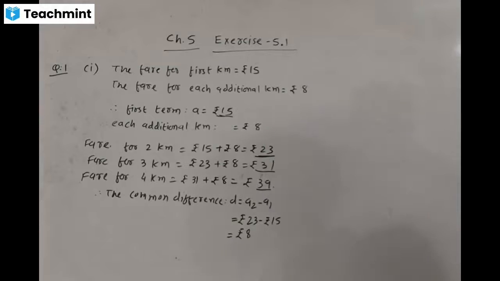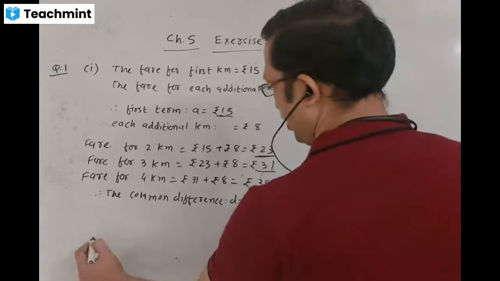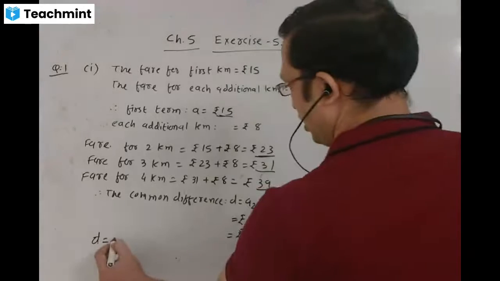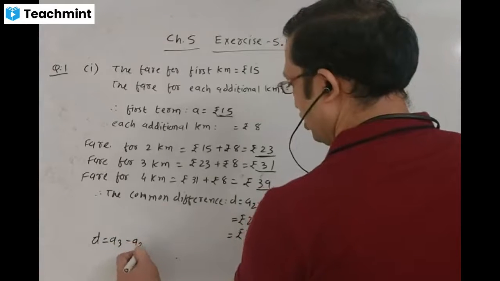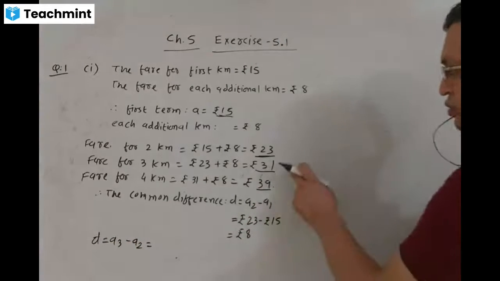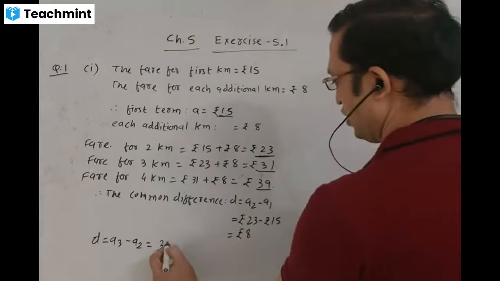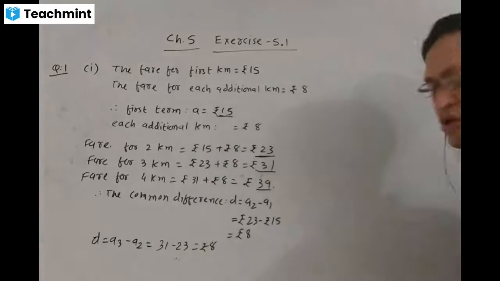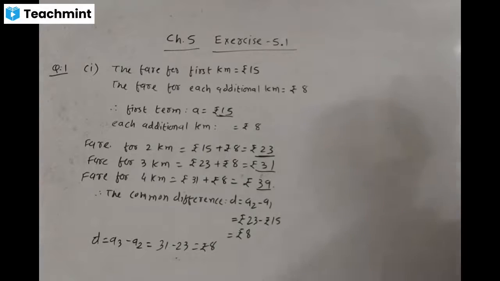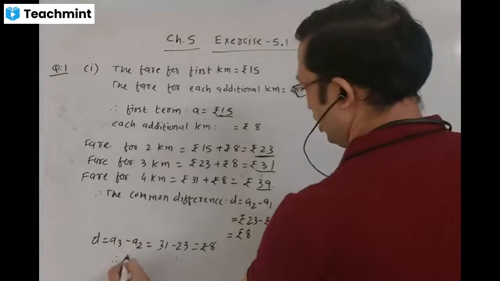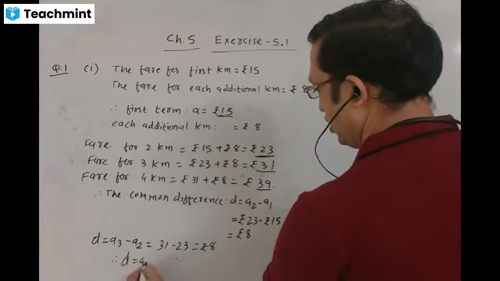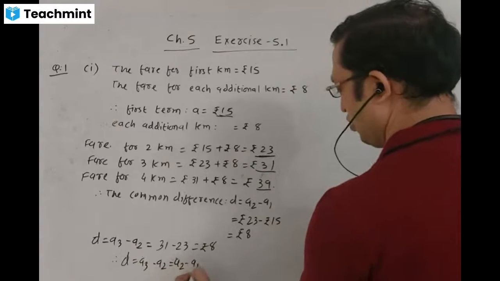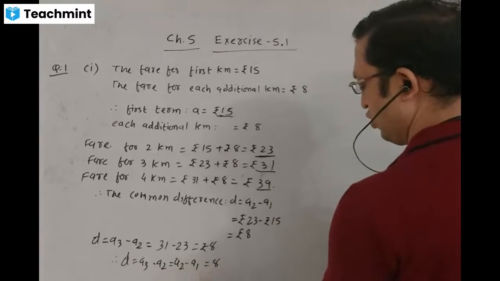And similarly D is equal to A3 minus A2, third term minus second term, 66 minus 58, that is equal to rupees 8. So here the common difference is 8. Therefore, D is equal to A3 minus A2 is equal to A2 minus A1, and that is equal to 8.